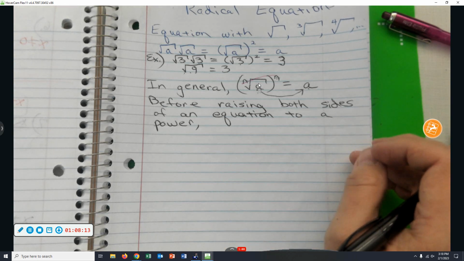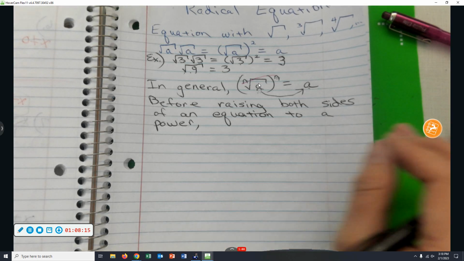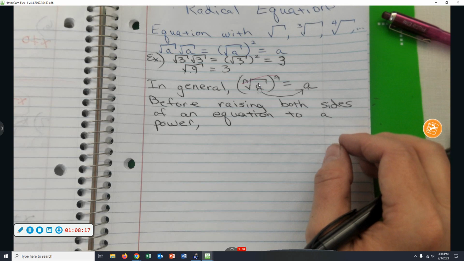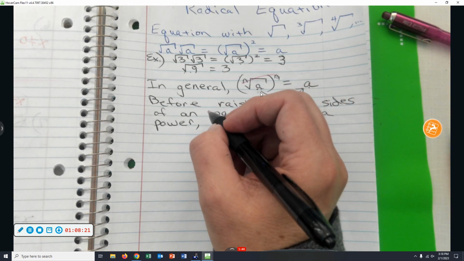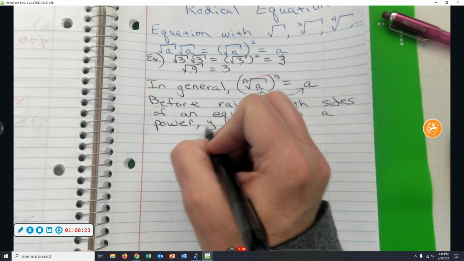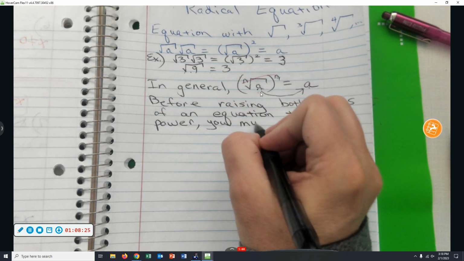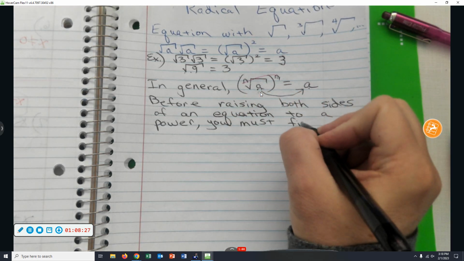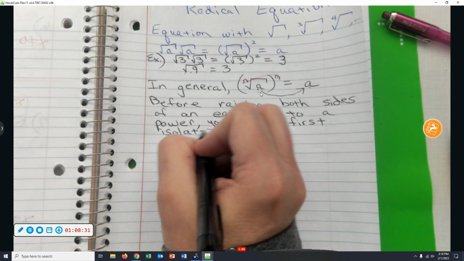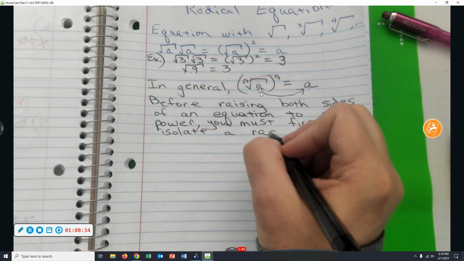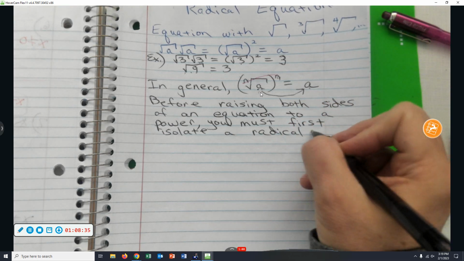If there's more than one radical term, you have to get one of the radicals by itself. In the event there's more than one, you must first isolate a radical term.